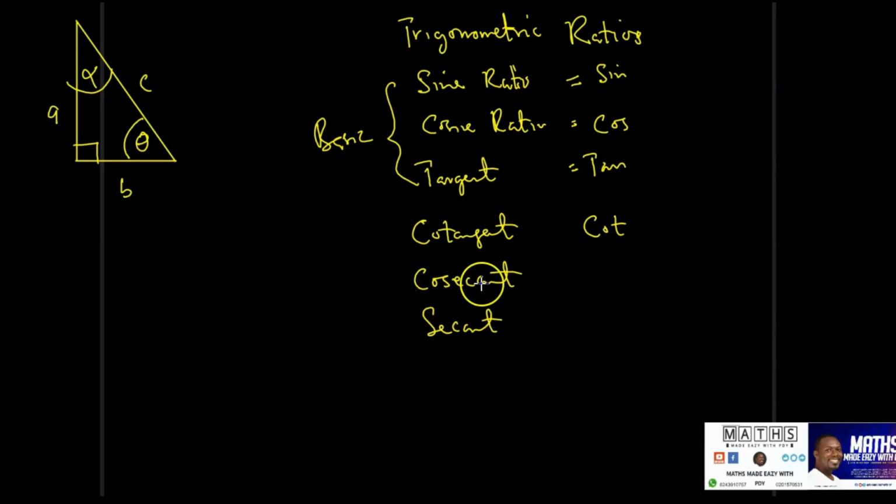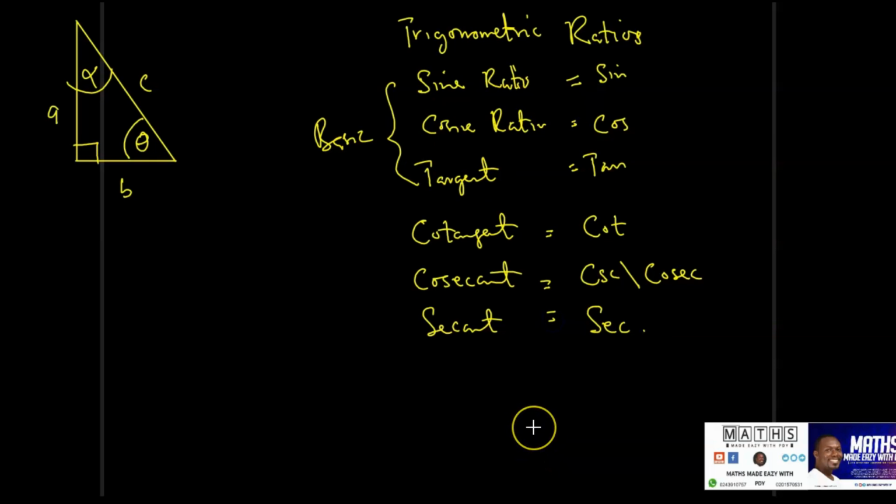The symbol for cosecant is written either as CSC or COSEC. And the symbol for secant is sec. Student, are you with me?